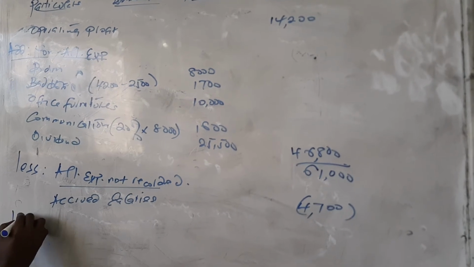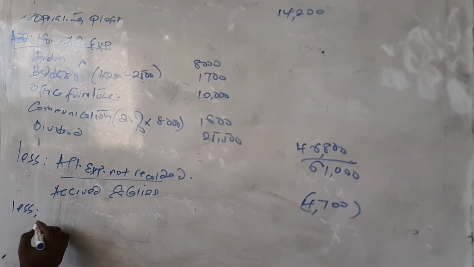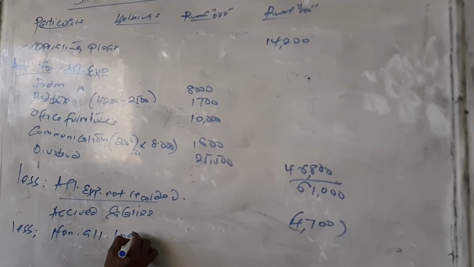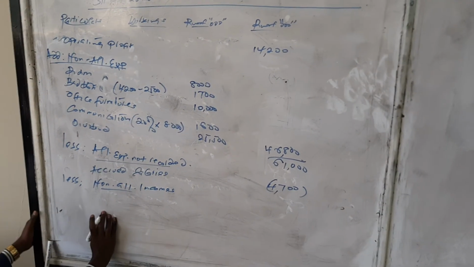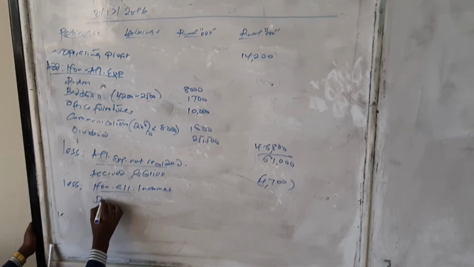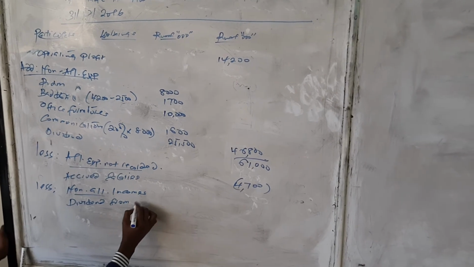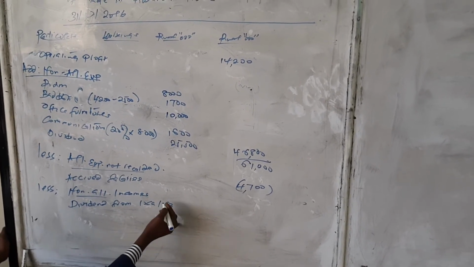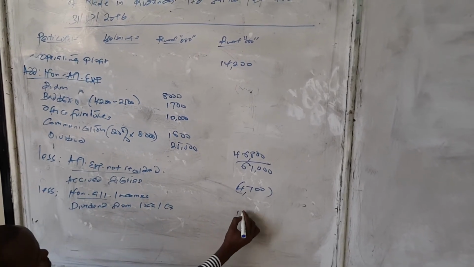So we also raise non-taxable incomes. Non-taxable incomes here, which is dividend from a local company, which is 10 million.